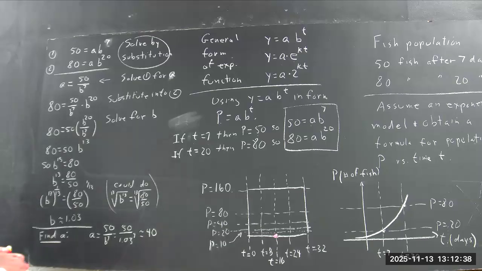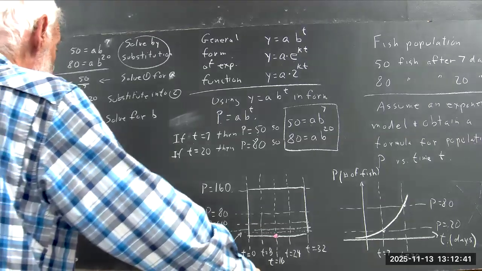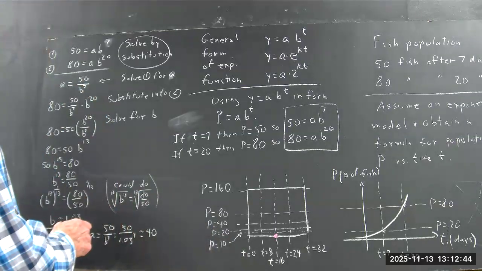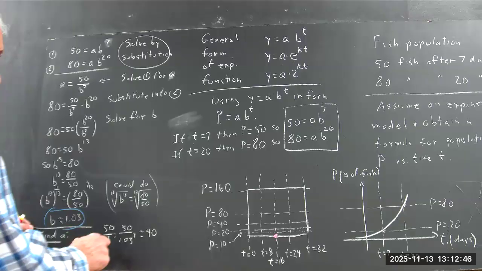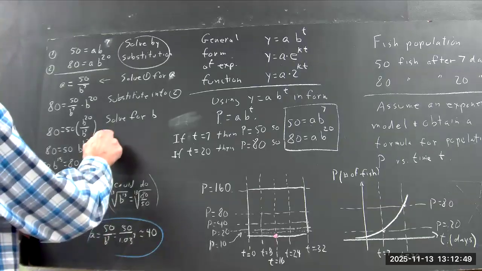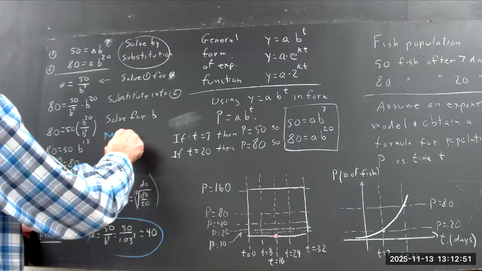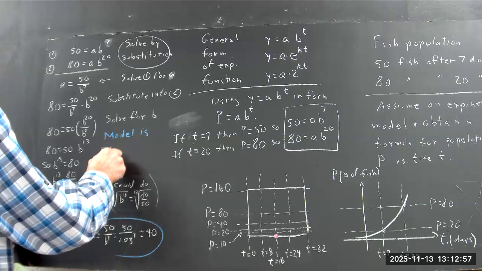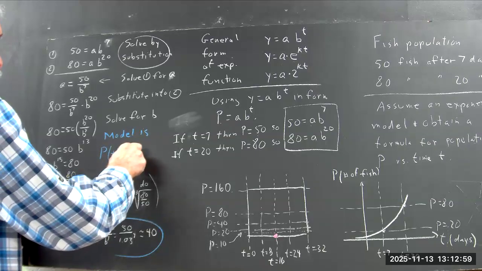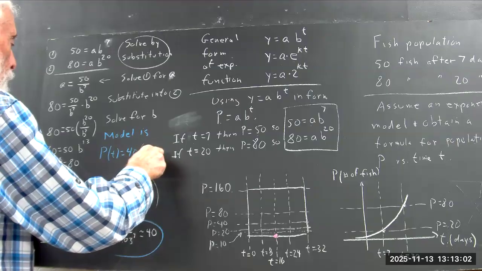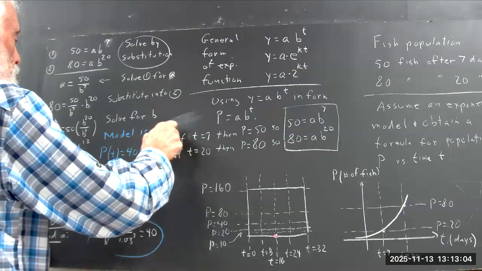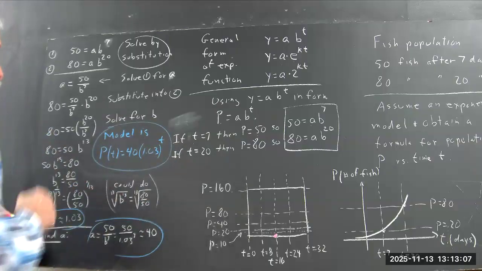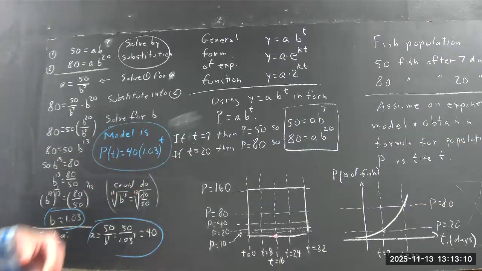But now our model, using the value of B and the value of A, will be 40 times 1.03 to the T. Now, there's another possible interpretation we could put on this.